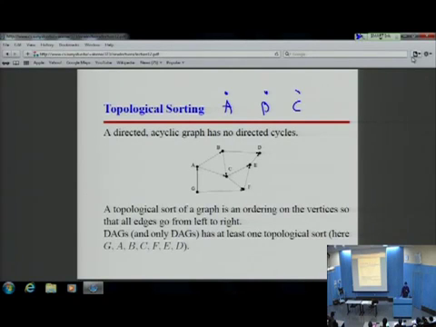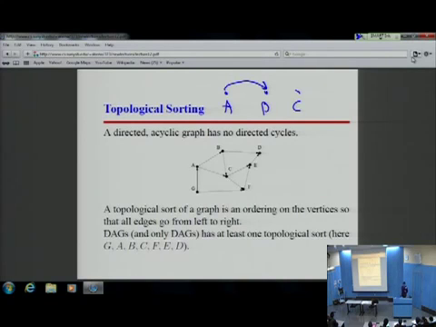In this case, let's say there is one prerequisite here. What are the following orders that are consistent with this graph? Does everybody see? You have to take A before B, but C is unspecified.